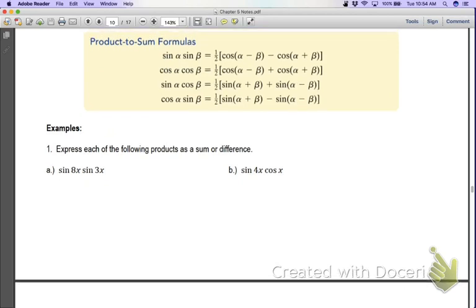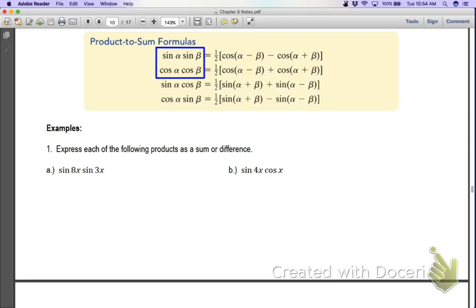With the product to sum formula, hopefully you notice that anytime you have sine and cosine and they're getting multiplied, that's why it's product to sum. Even though it's product to sum, there's still going to be a subtraction and an addition type problem.